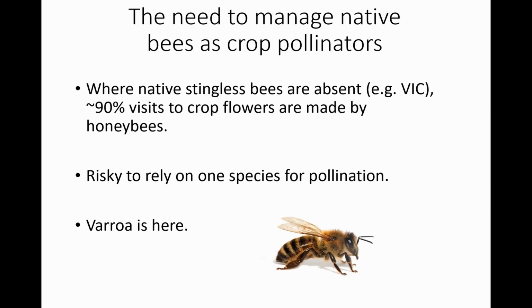And varroa mite has arrived. So potentially we might see a decline in pollination services from the feral honeybees living in the bush, and possibly also increases in the costs of managed hives due to the cost of the miticides.